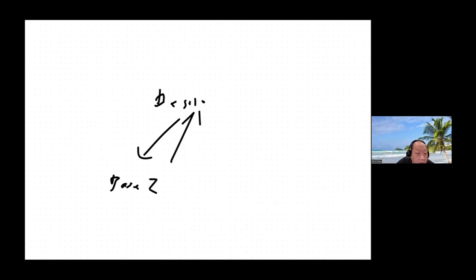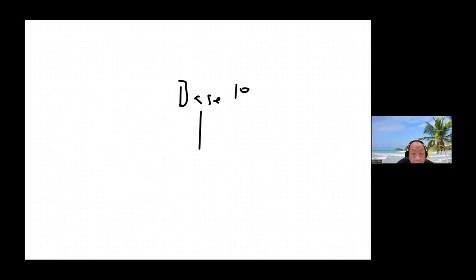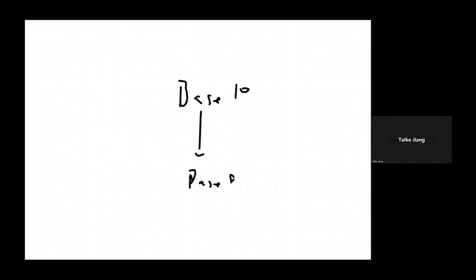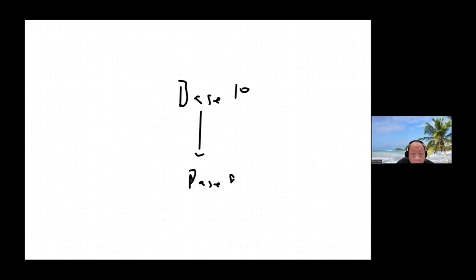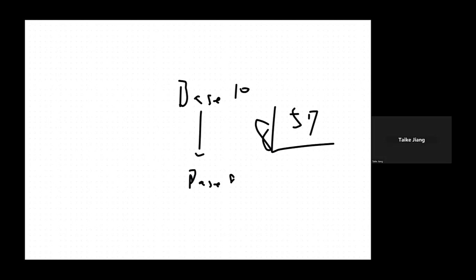How about if we do base 10 converted to base 8? Base 8. So now I have 57. What should I do? Can you divide it by 8 and get the same thing? You get what? 7. And then 78?